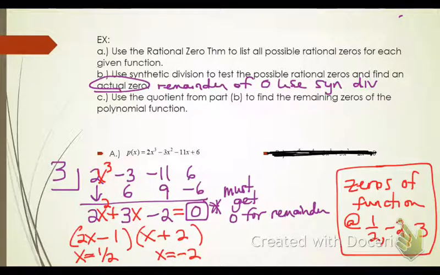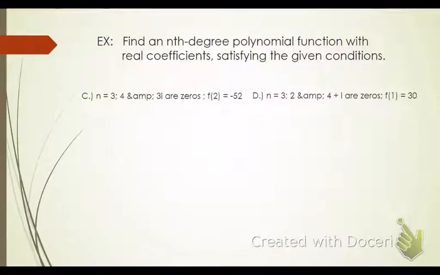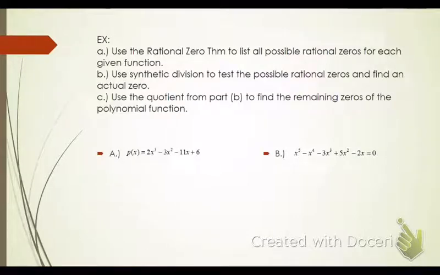Okay, let's do this one more time. And I need to go back to that screen because now we have to do part B. So in part B, let me mark out A this time. When we're looking at B, we start out by finding our possible rational zeros.